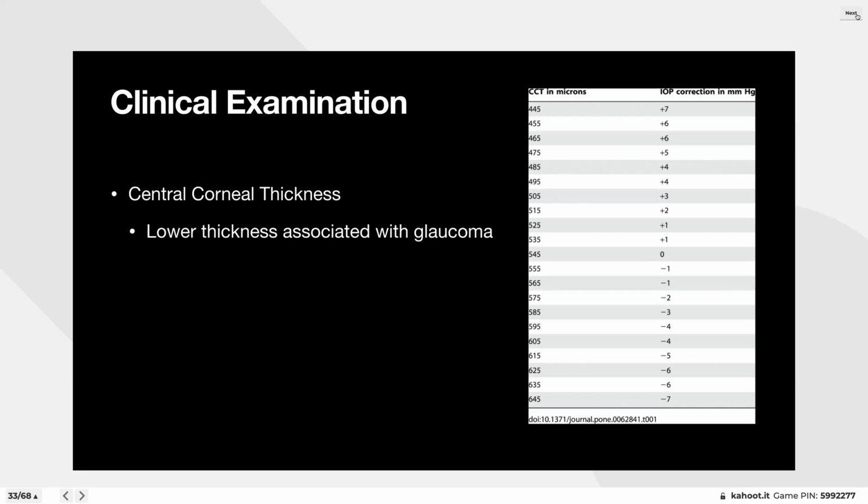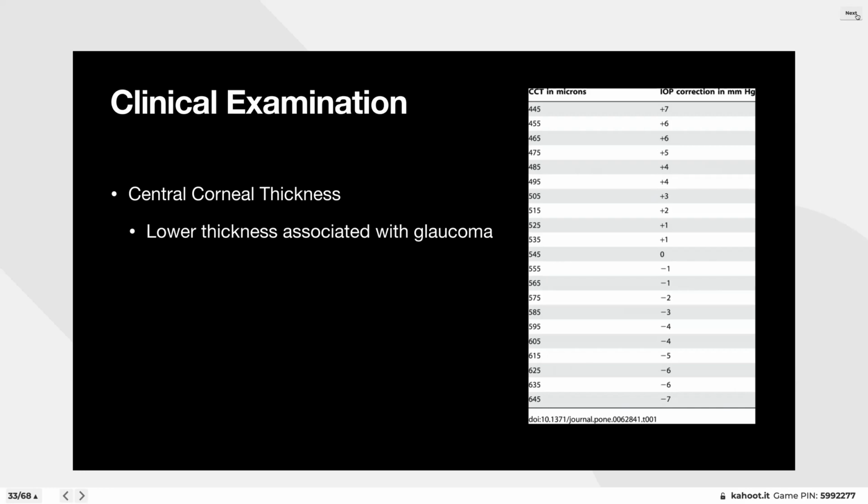For example, if the cornea is very thin, so what we call at the very top here a central corneal thickness of about 445 microns, that's a very, very thin cornea, and the ability for that cornea to push back against you is much reduced. And so we think that patients with low central corneal thickness actually have higher pressures than we're reading off of our Goldmann assessments. Similarly, patients that have a very thick cornea, so let's say 645 microns, we are overstating what their pressure readings are.